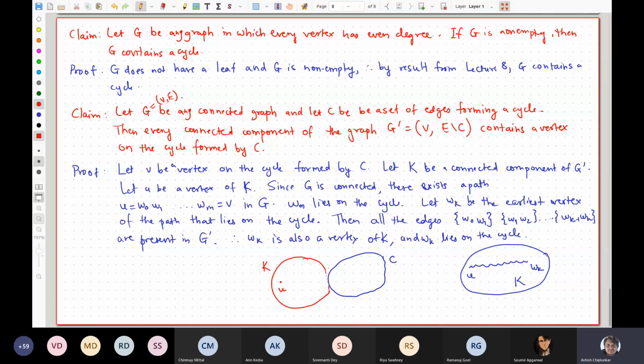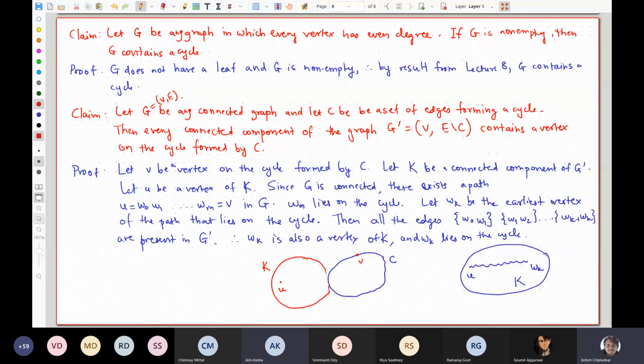I want to prove that this connected component must touch this cycle somewhere, at least in one vertex, if not more. So I take any vertex on this cycle, let's call it v, and I consider the path going from u to v. The original graph is connected, so there is a path from u to v in the original graph. Path in G.